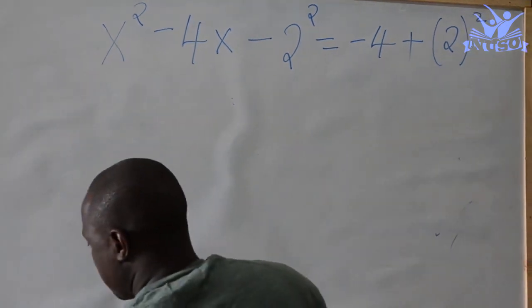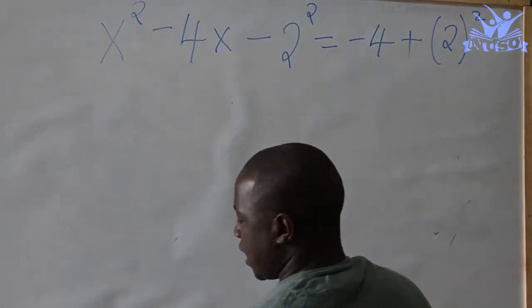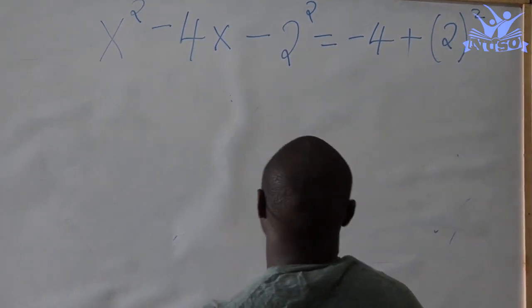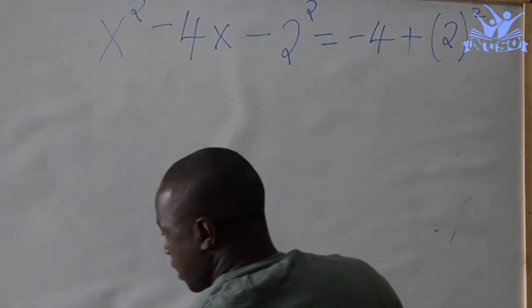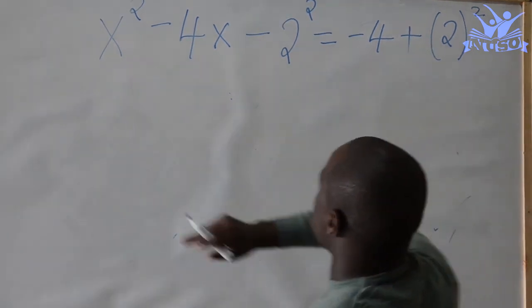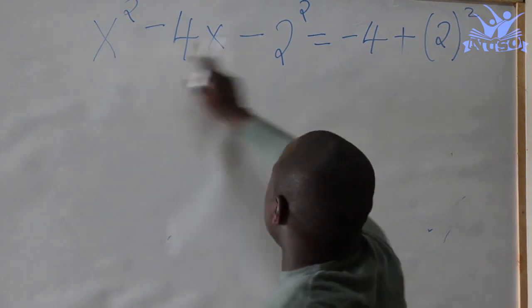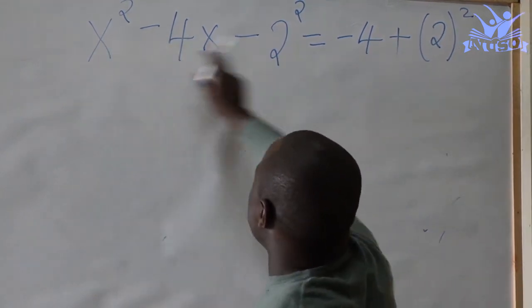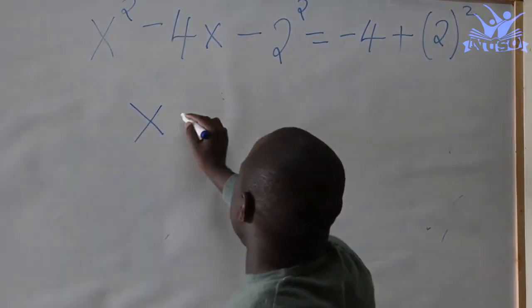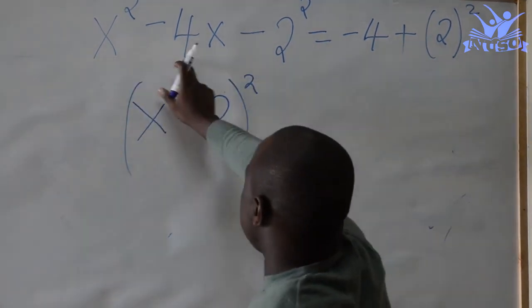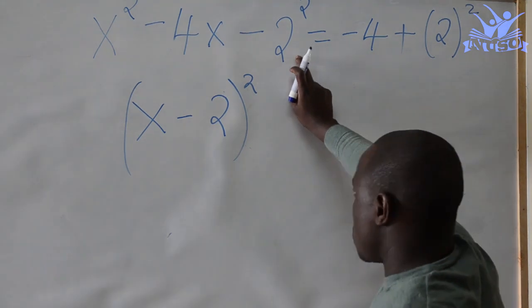This one must always be plus, because even if it's minus, the square will counteract the effect of the negative, and therefore this side must always be positive. So you pick x, you pick the 2, and then you square them together. This one was to assist you to get 2.